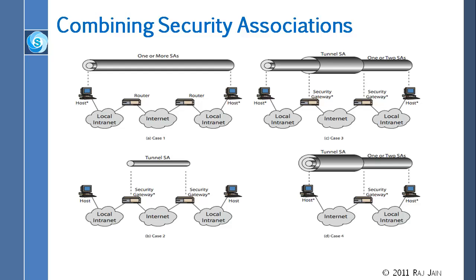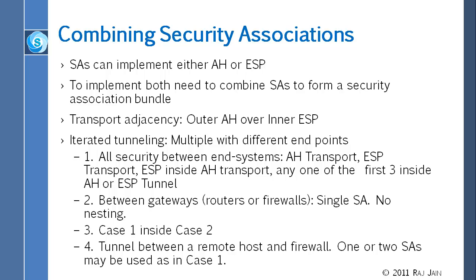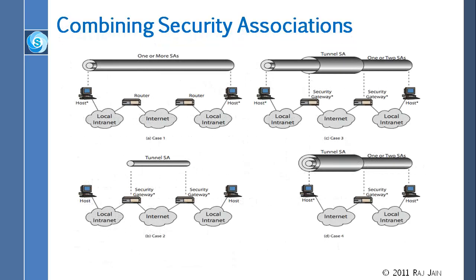So I don't know, actually. I think that basically the idea is that you could be having multiple levels of headers, and they could be ending at different points. They should have simply said that rather than combining these 4 cases, but that's what it is. All right. So the summary of this slide and the next is that you could have tunnels inside the tunnel, ending at different points. Okay.